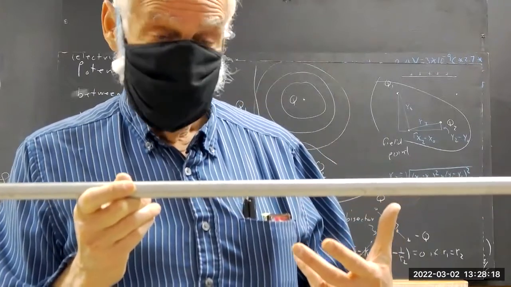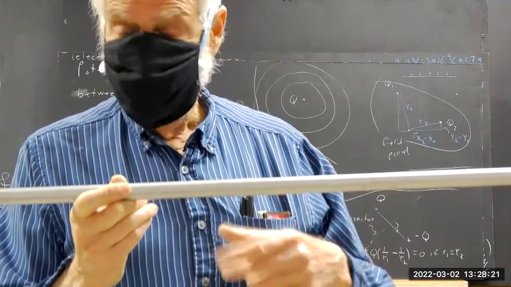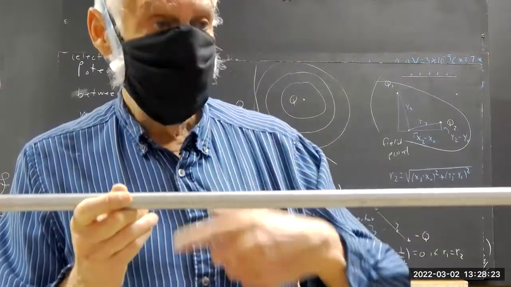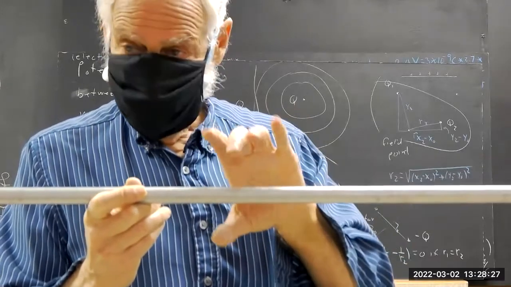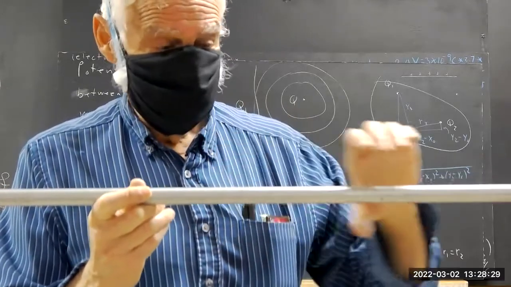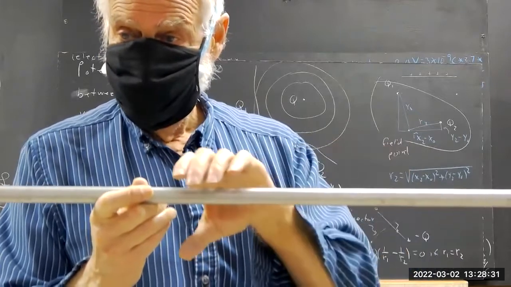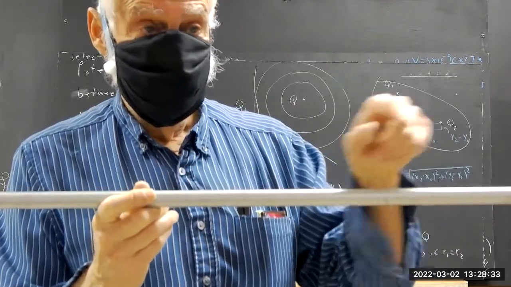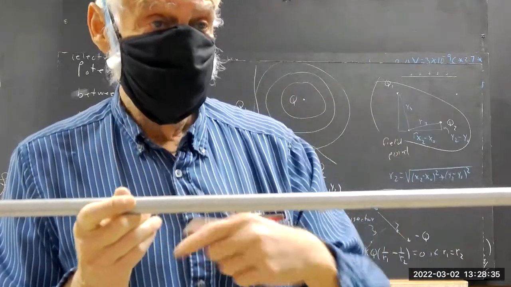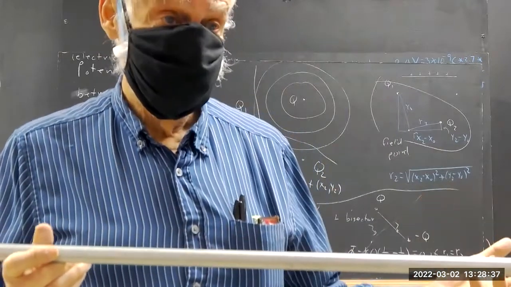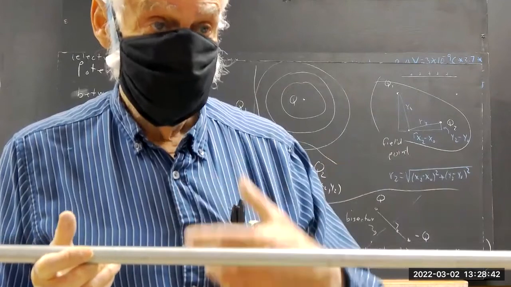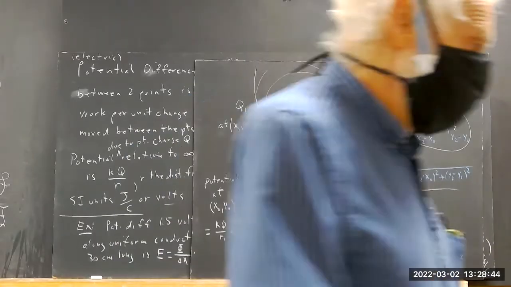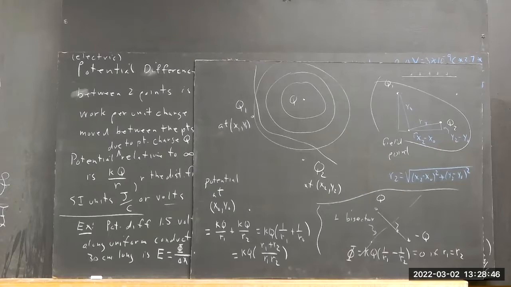But the natural log of R is constant as long as R is constant. So for any cylinder around this conductor, you can move from one point to another with no work. That cylinder is an equipotential surface. Let's work that one out.